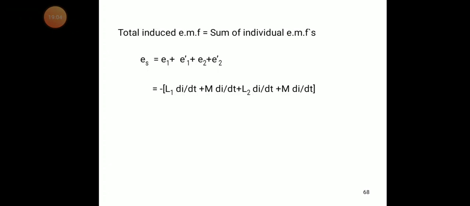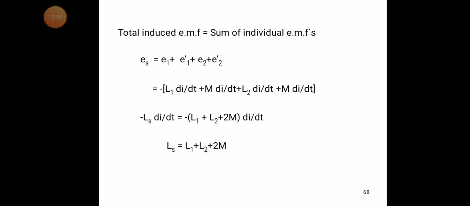So it is given by Es equals E1 plus E1 dash, the mutual EMF in the first coil, plus E2 plus E2 dash, the mutual EMF of the second coil due to the first coil. So the total we can write as L1 di by dt plus M di by dt, plus L2 di by dt plus M di by dt. Taking di by dt common, we write (L1 plus L2 plus 2M) di by dt.